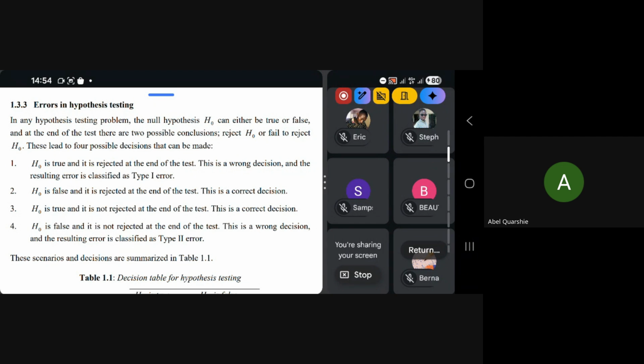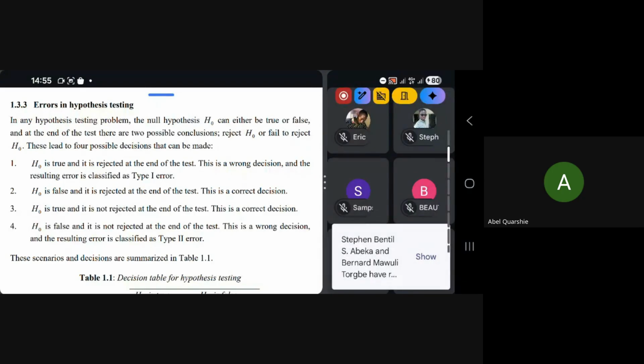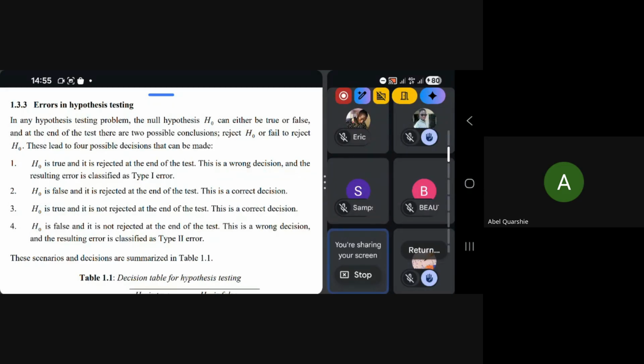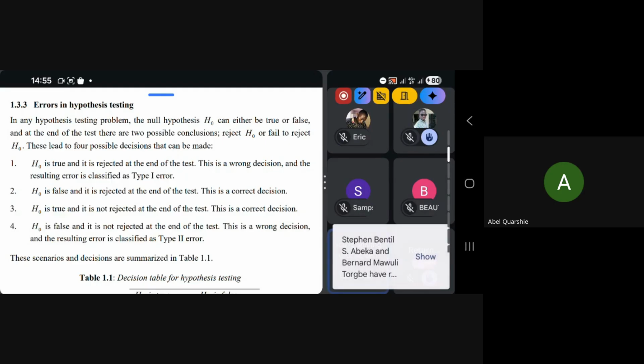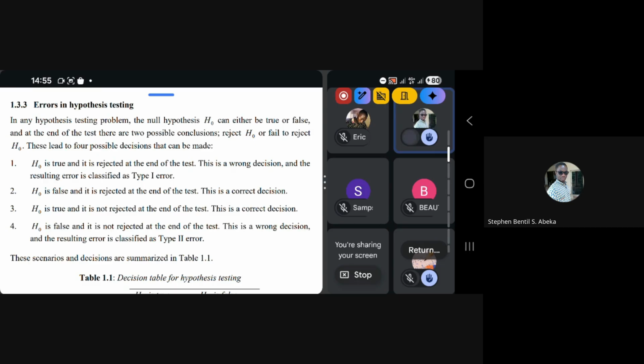So what we are saying with type 1 error is that when I went in to conduct the test, yeah, Stephen, before I come in. Stephen, go ahead. Madam, rightly, with the example, you went to a class and then conducted a test.